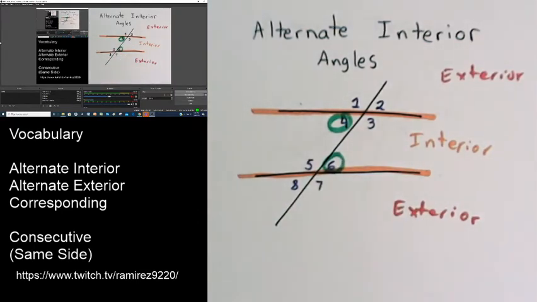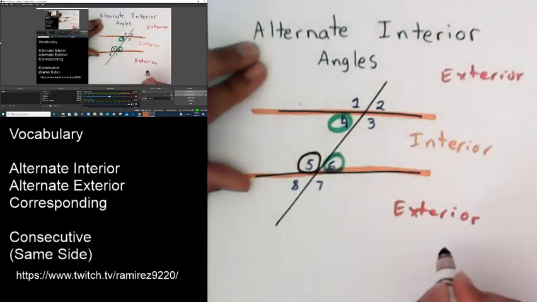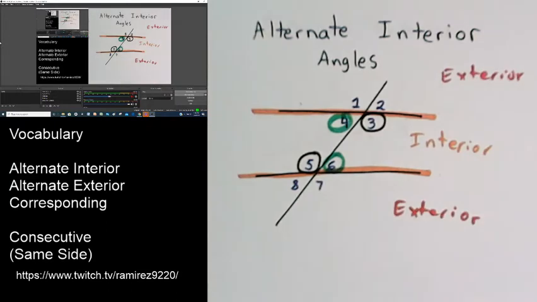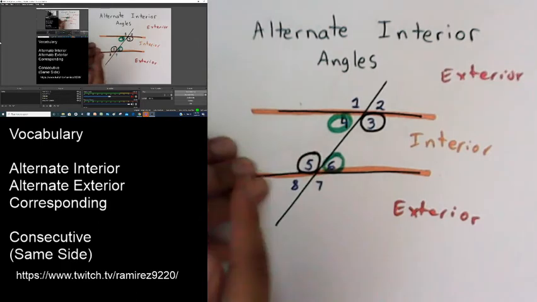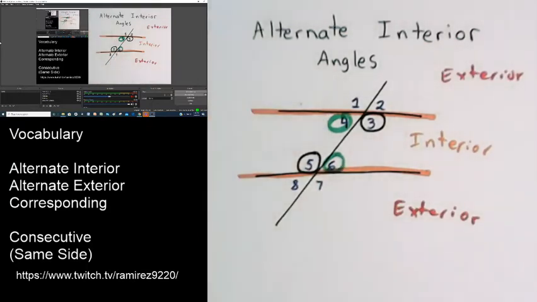So the 4 and the 6 are good examples of alternate interior angles. Another good example, and the only other example, would be the 5 and the 3. Again, they alternate, meaning that they're on different sides of the transversal, and they're still inside the two parallel lines. So that right there, that's your alternate interior.